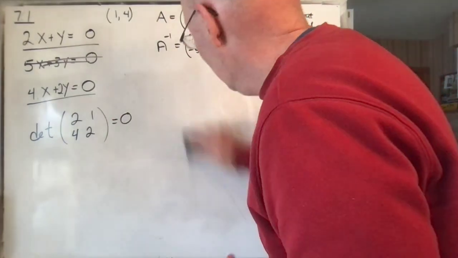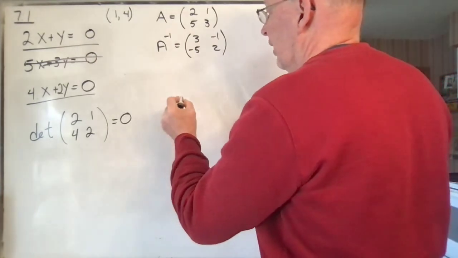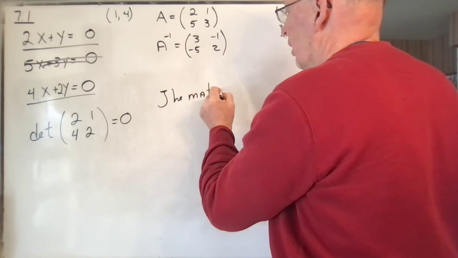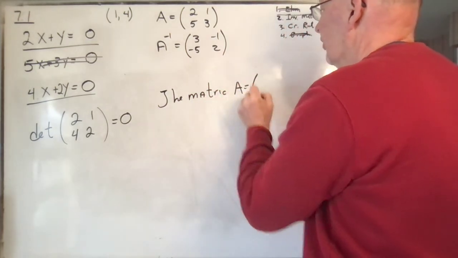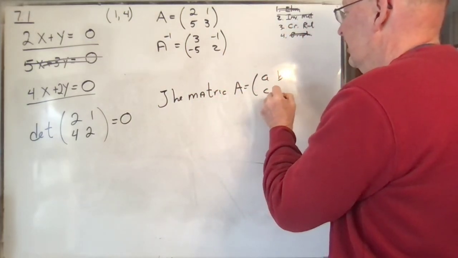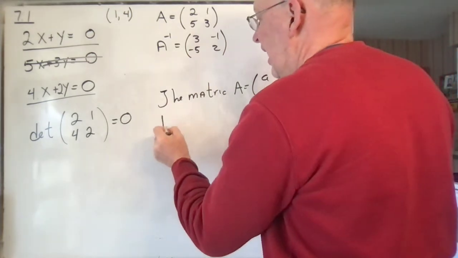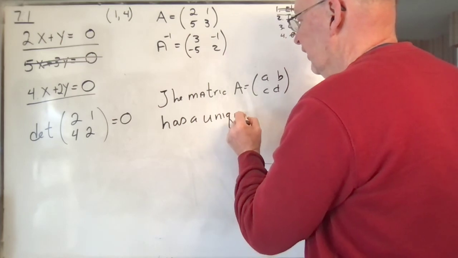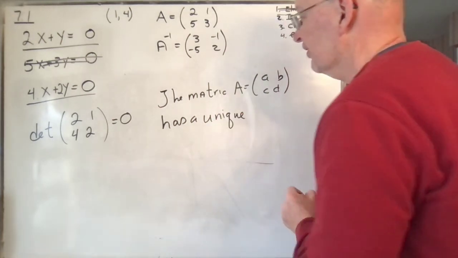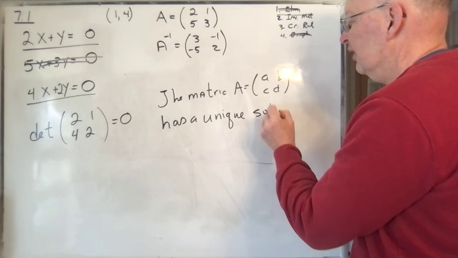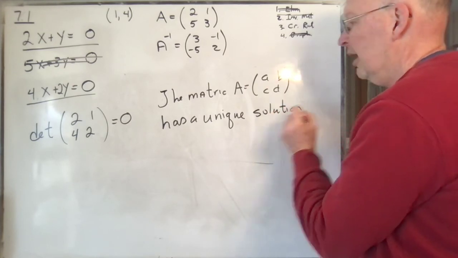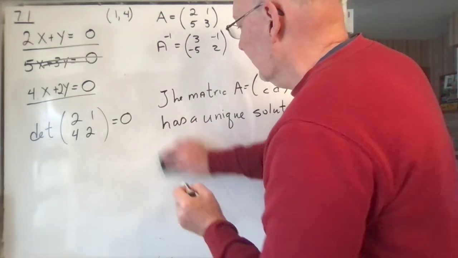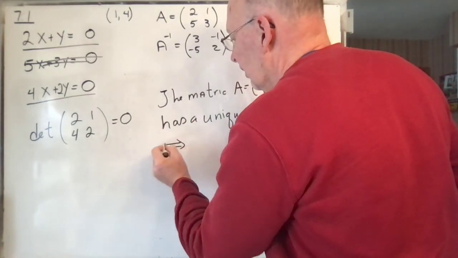Okay? So the moral of the story is this, that the matrix A equals A, B, C, D has a unique solution, which means you can think of it as two lines that intersect in just exactly one spot, if and only if, I'm going to write it like this. I'm going to make an arrow like this.